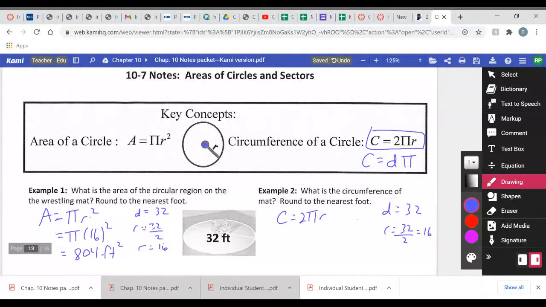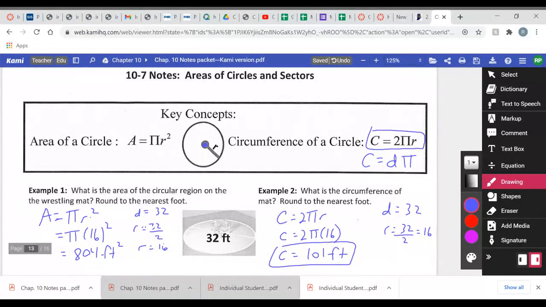So we have 2 times pi times 16. Rounded to the nearest foot, I multiply 2 times the pi button on my calculator times 16, and if I round to the nearest whole number, I get 101 feet.